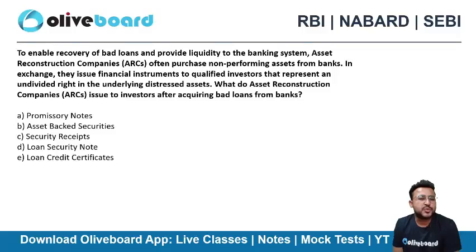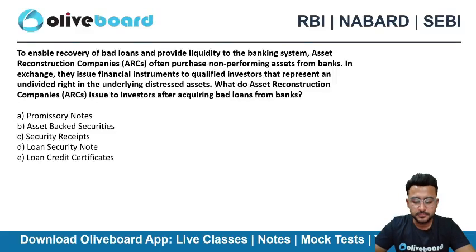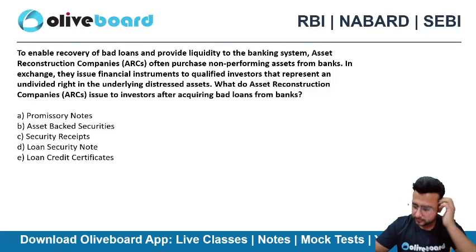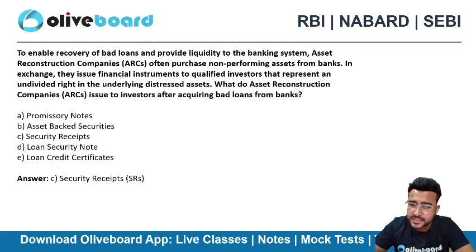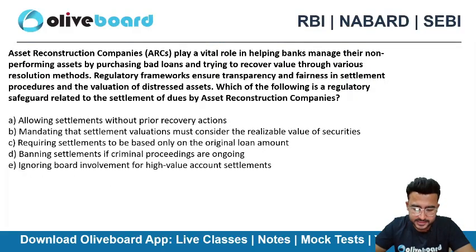What do ARCs issue to investors after acquiring the bad loans from the bank? The correct answer here is option Z, security receipts. Right?